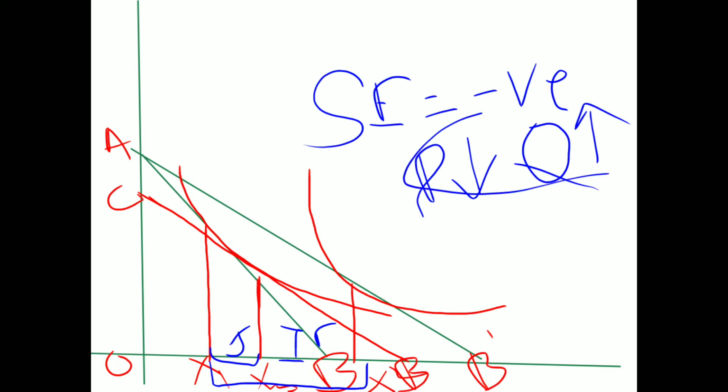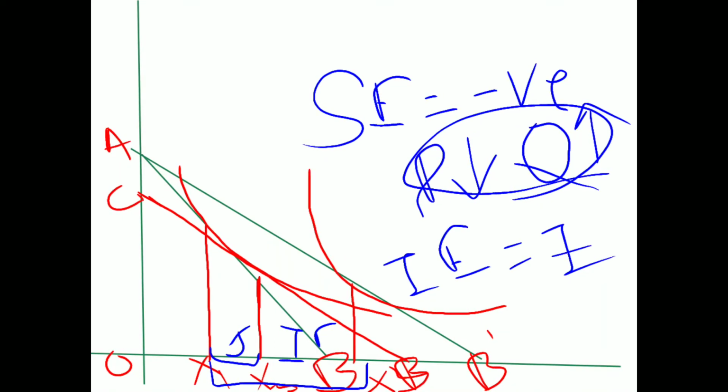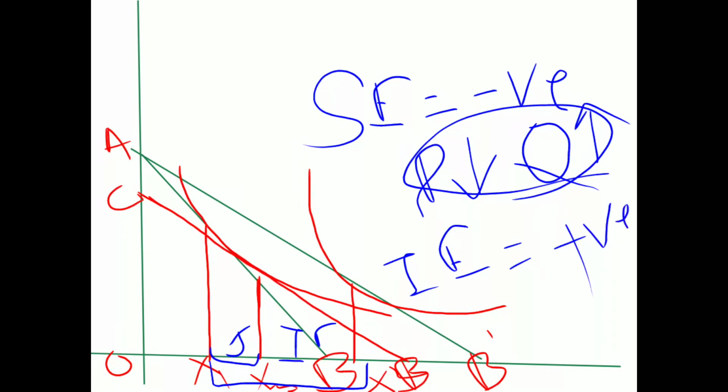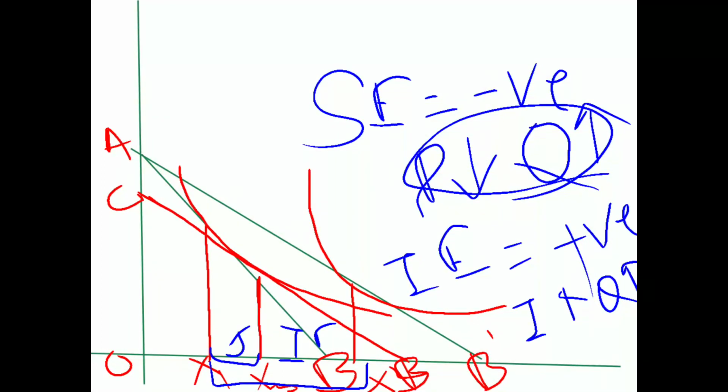Therefore, we have a negative substitution effect, and here the income effect is positive. Positive income effect means when the income of the consumer increases, the quantity demanded for the commodity also increases.